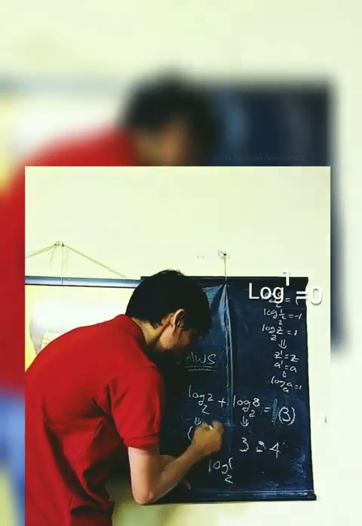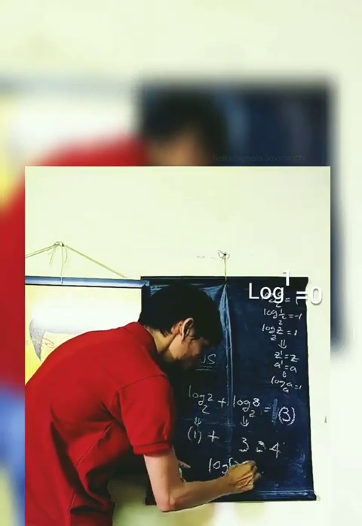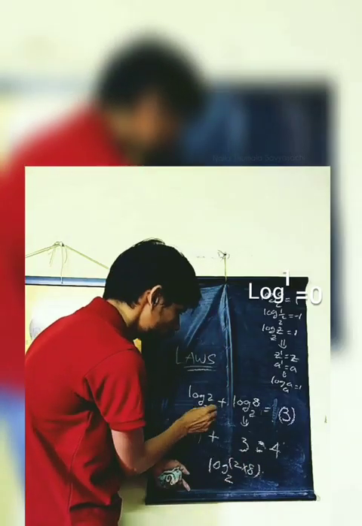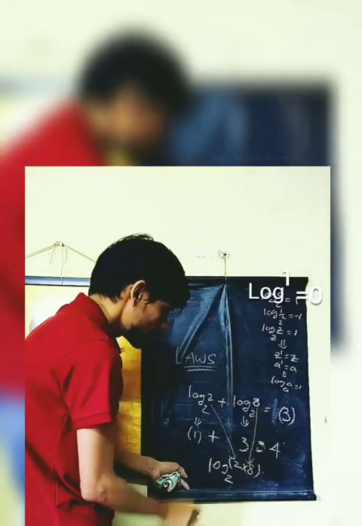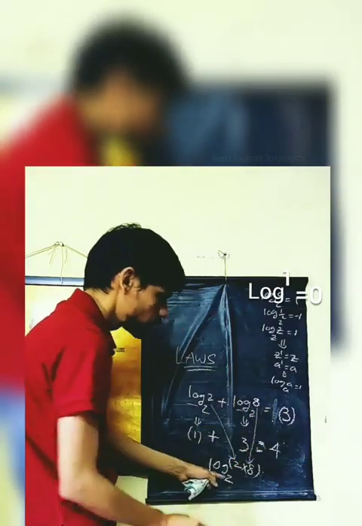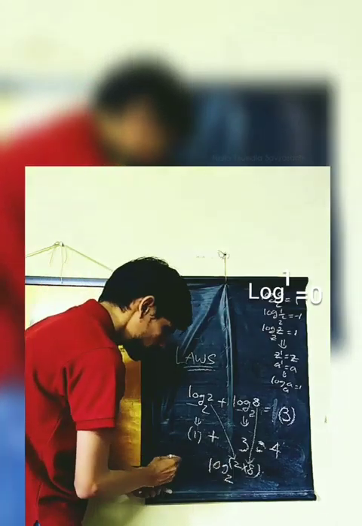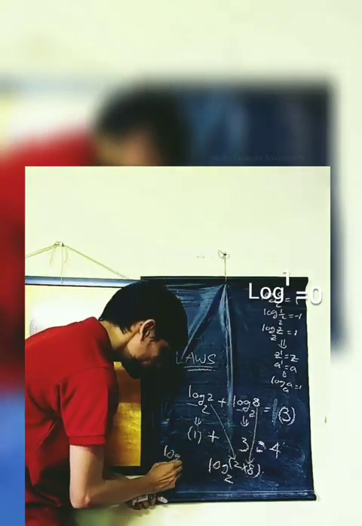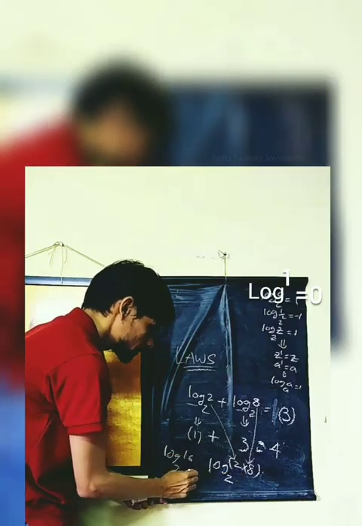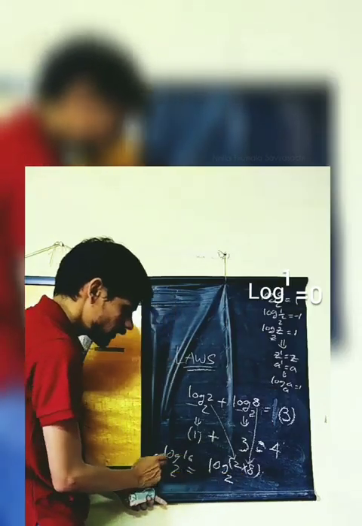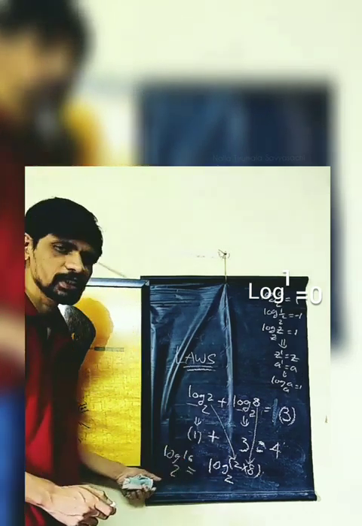So I can say 2 multiplied by 8. 2 came from here, 8 came from here. This log 2 is common in both scenarios. So what will be my output? Log 2, 2 multiplied by 8. How much? 16. Right?